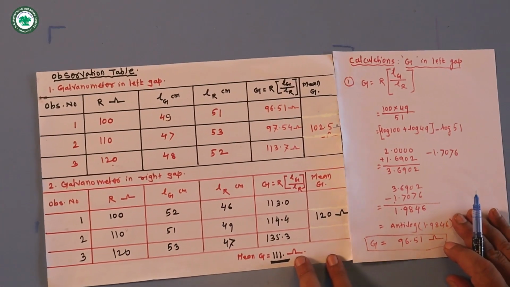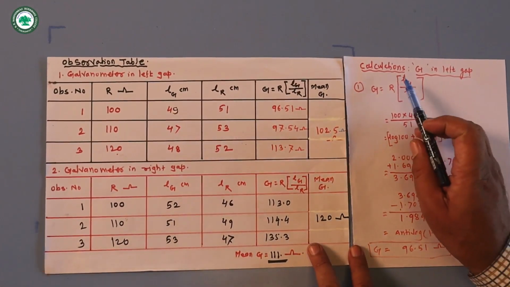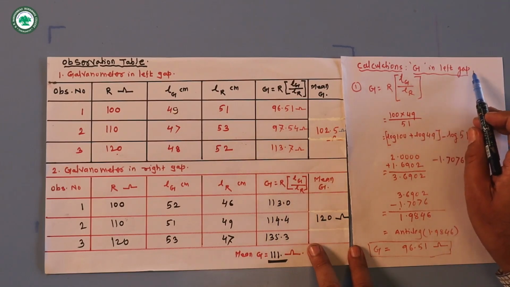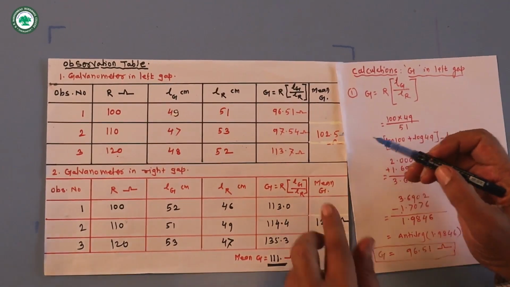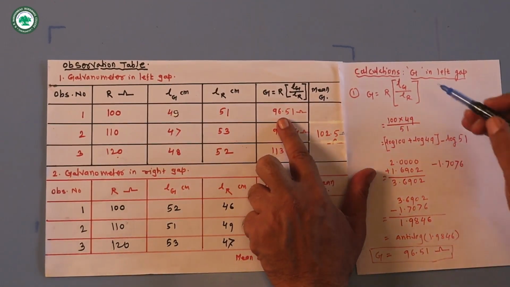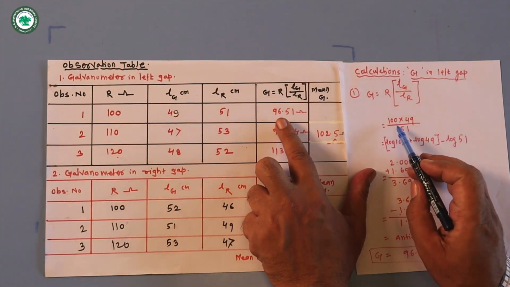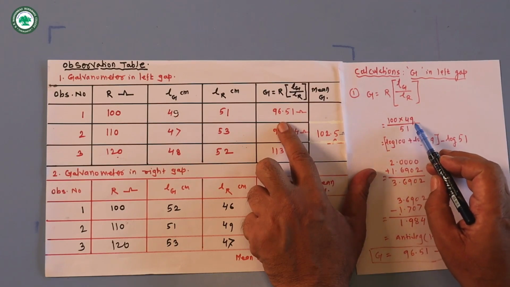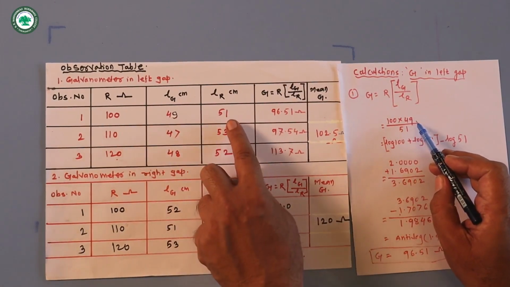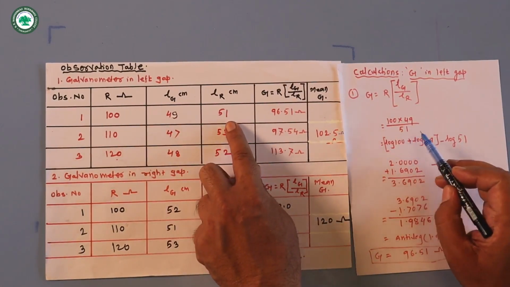Now make some calculations. See here the calculation where G is in a left gap. First calculation means value of this G here. Use the formula R into LG by LR. Put the value of R as 100, LG is 49, and LR is 51.